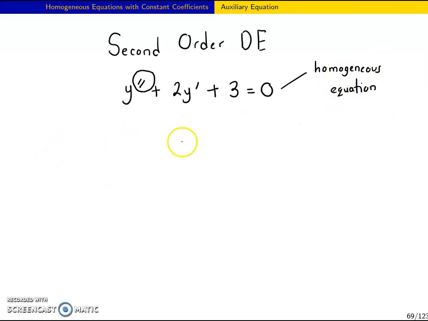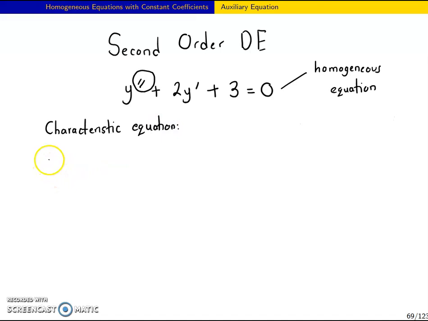To solve this second order differential equation, this is pretty much a quadratic equation, so we need to find the roots of this equation. The roots can be found by writing it in the form of a characteristic equation.